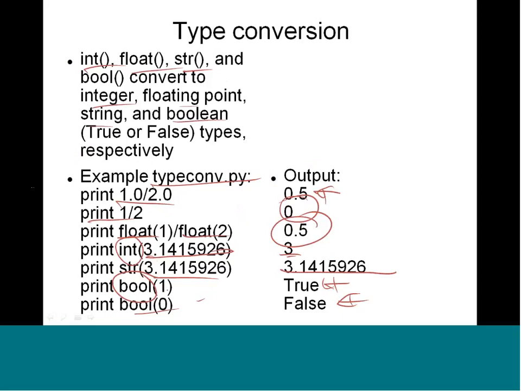On the string data type, Python can accept a single quote, a double quote, or even a triple quote to denote string literals, as long as the same type of quote starts and ends the string.